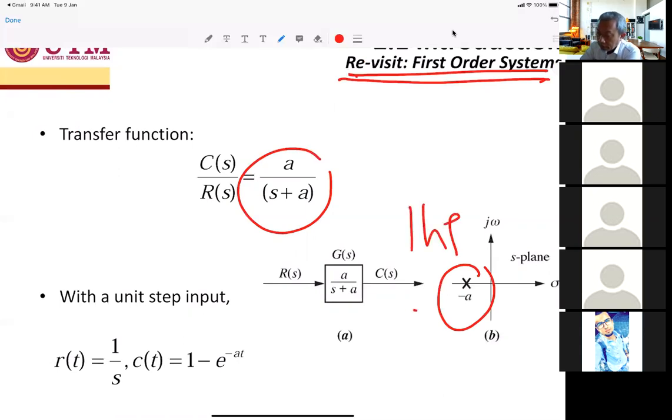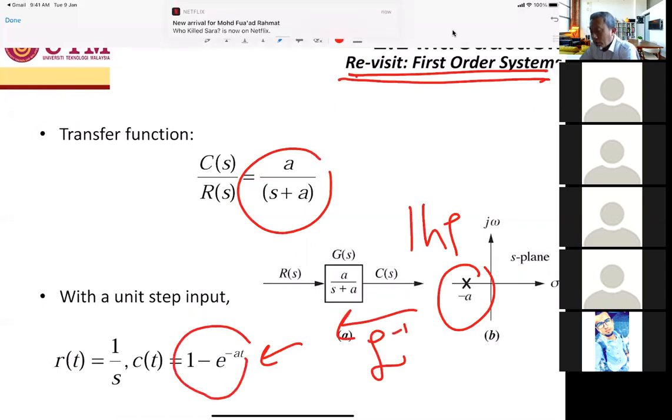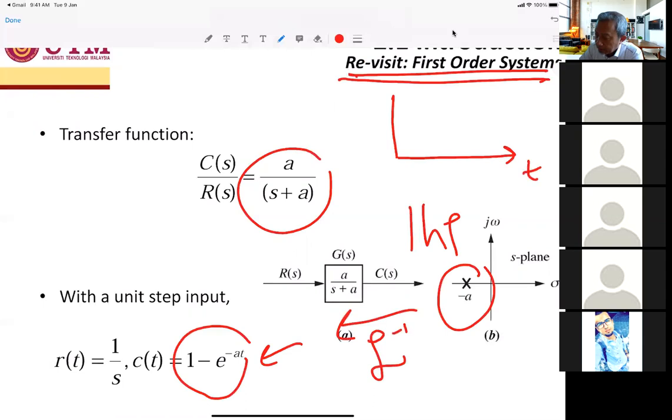And if we take the inverse Laplace transform, we will get the response for first order system, which is 1 minus e to the power of minus at. Okay, so can you imagine what is the shape of the signal? Okay, the shape of the signal 1 minus e to the power of minus at.